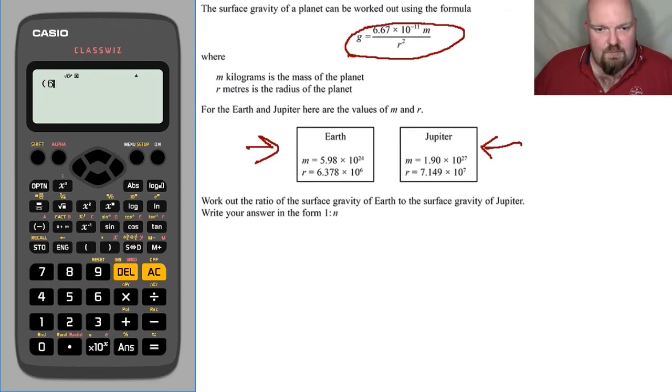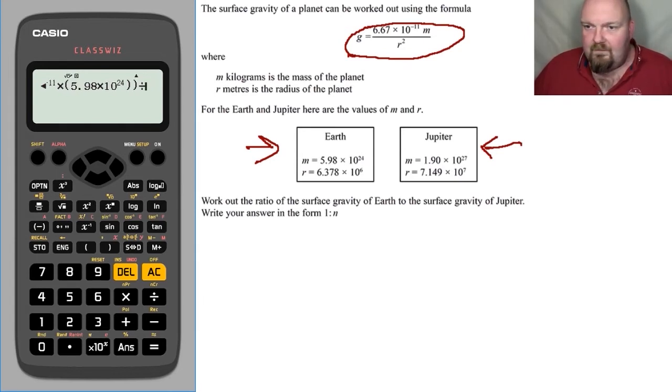So it's 6.67 multiplied by 10 to the power of negative 11, multiplied by, and then I'm going to open these brackets just so that I get the whole of m together, 5.98 times 10 to the power 24. Close those brackets, close the maximum brackets, the complete brackets.